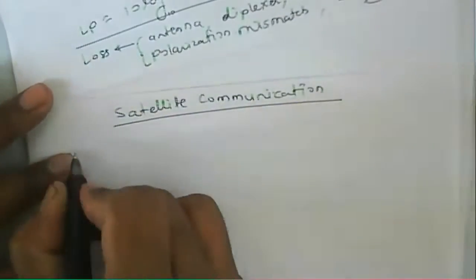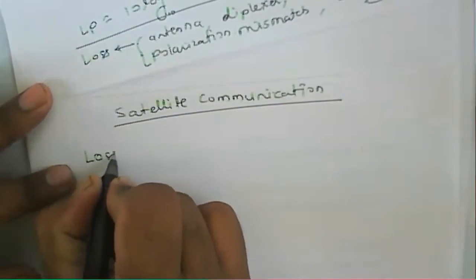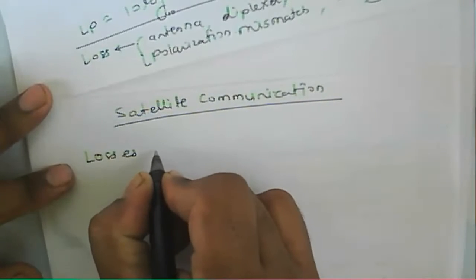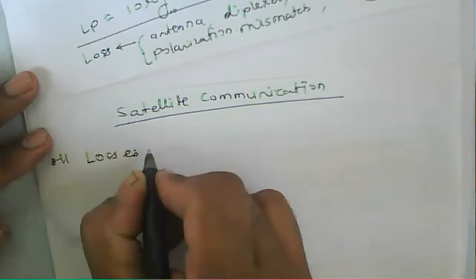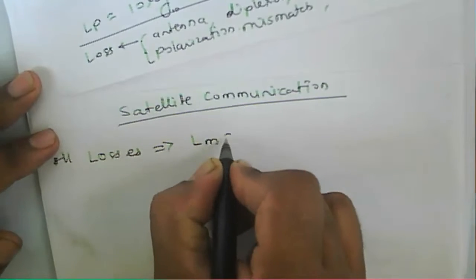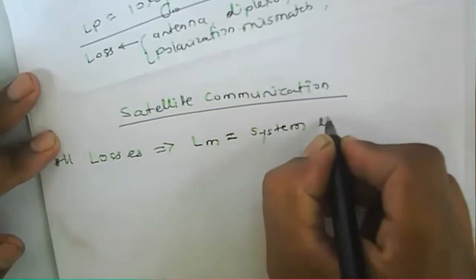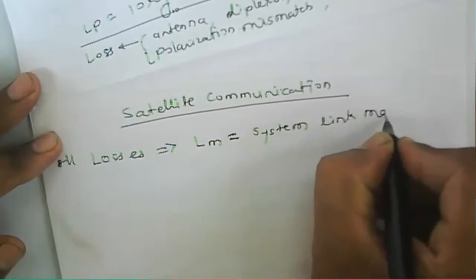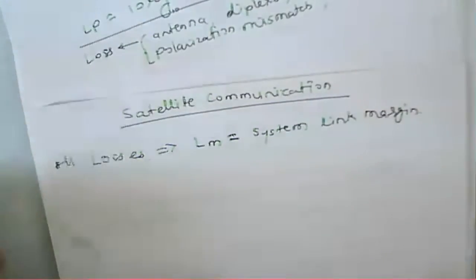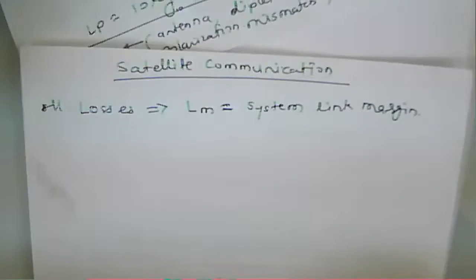All the losses together will be LM, the system link margin. That is the practical case.